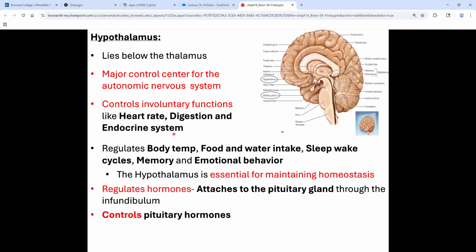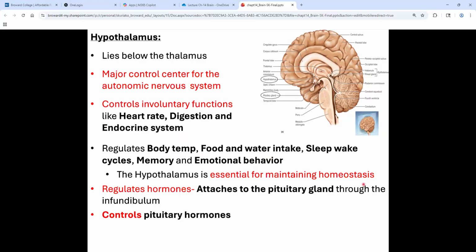Endocrine system is also under the autonomic nervous system. It regulates body temperature, food and water intake. Again, it has got a role in the sleep-wake cycle, memory. We're going to talk a little bit about memory, emotional behavior, all these things. So the whole idea is that the body wants a constant environment.